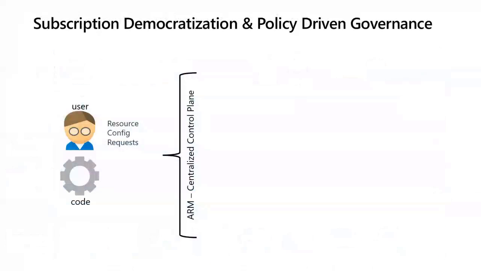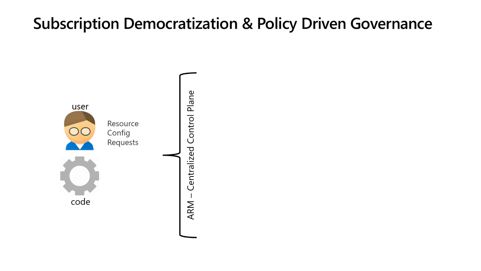So, coupling some of the design principles we have, such as subscription democratization and policy-driven governance, and what that looks like, I have a presentation here that will do some visual gymnastics. On the left-hand side, we have a user that has some sort of access to a particular scope in Azure, right?